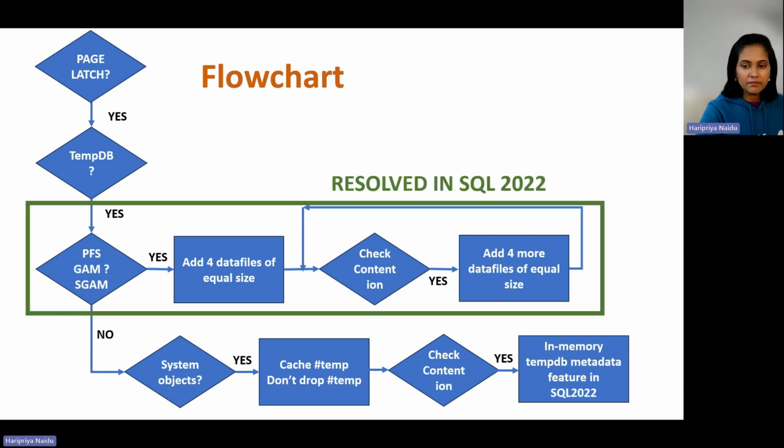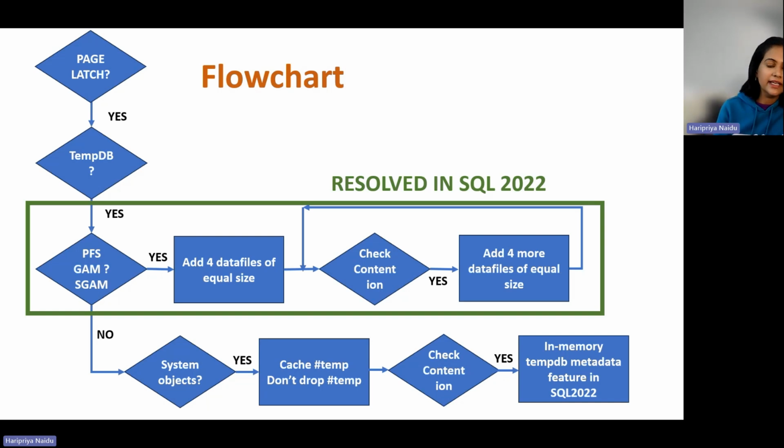So this part, the green part, is the allocation contention part that was resolved in 22. The lower part here, that is not resolved by default. You have to manually address it. That's the metadata contention part. The one below the green box is the metadata contention, and you have to manually address and resolve it.